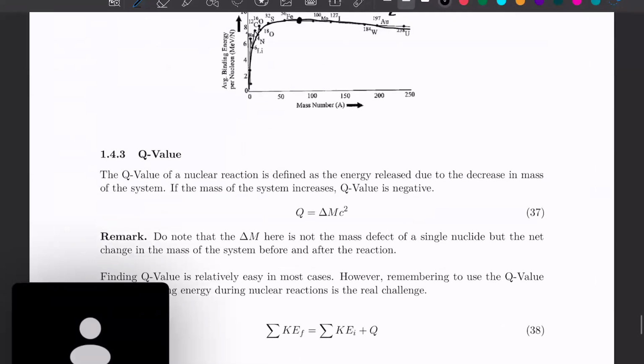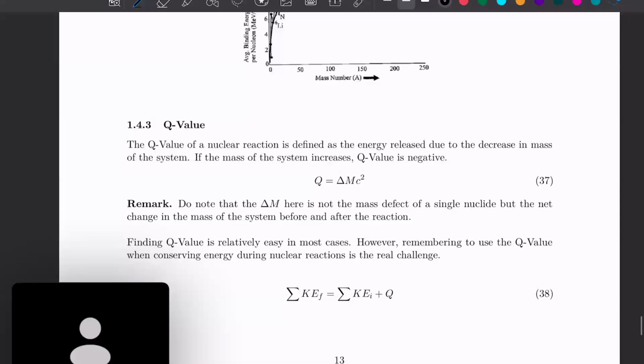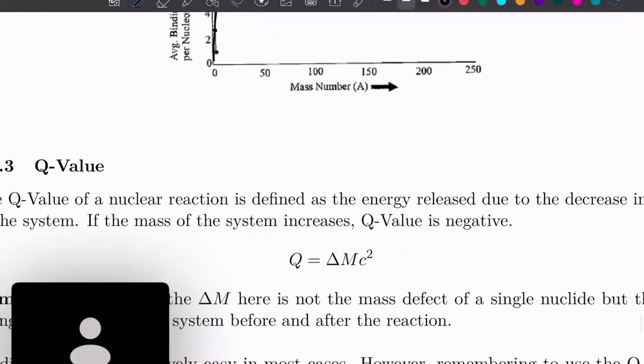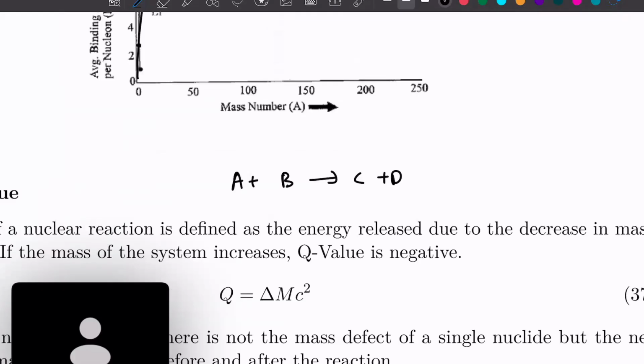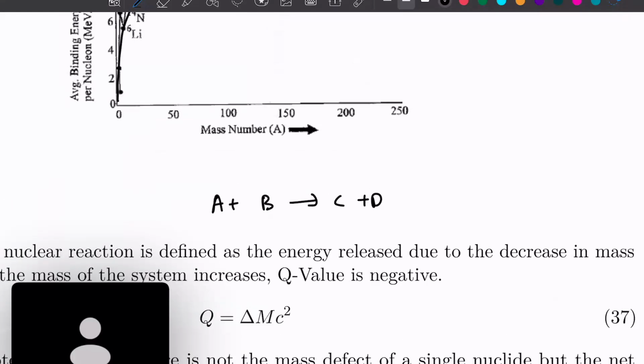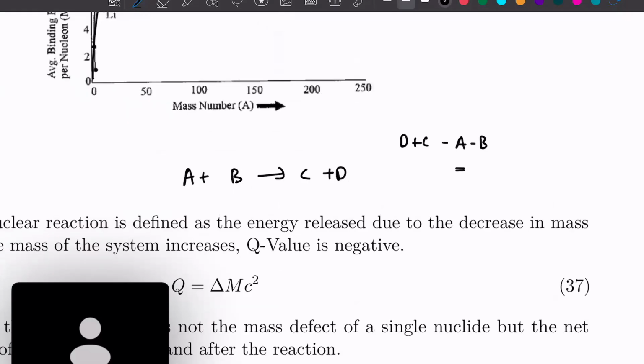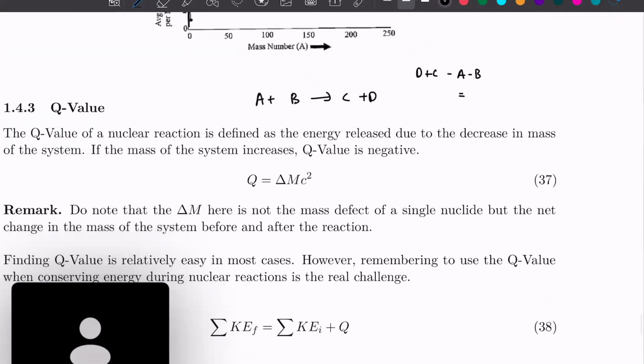Q value is basically, if I have a nuclear reaction, A plus B becomes C plus D, then if I were to find the net change in mass of the entire system, the net change of mass would be D plus C minus A minus B. And if I realize that this is negative, meaning the final mass is lower than the initial mass, that means the mass of the system has decreased.